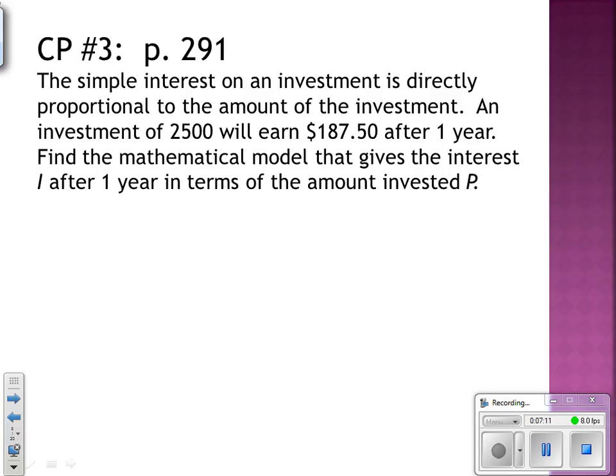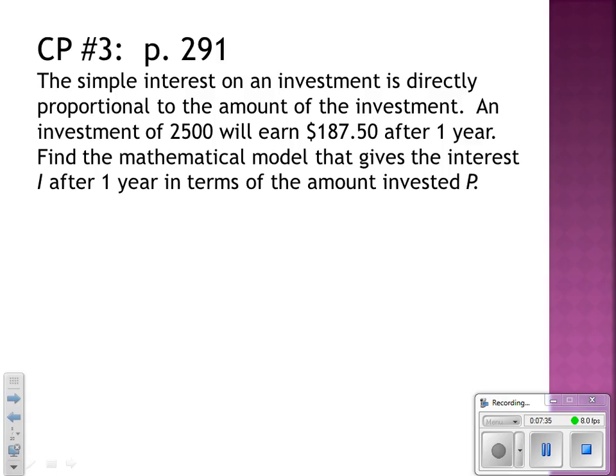So let's take a look at using direct variation a little bit. If you guys turn to page 291, checkpoint number 3 deals with this. Example number 3 obviously in the book does as well, so there's a second example for you to read through and to look through. Checkpoint number 3 says the simple interest on an investment is directly proportional to the amount of the investment. There's your indicator that you have direct variation here.